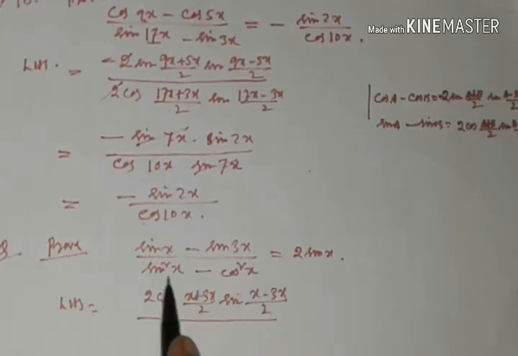We have to apply another formula here, because we know cos 2x is equal to cos square x minus sin square x.